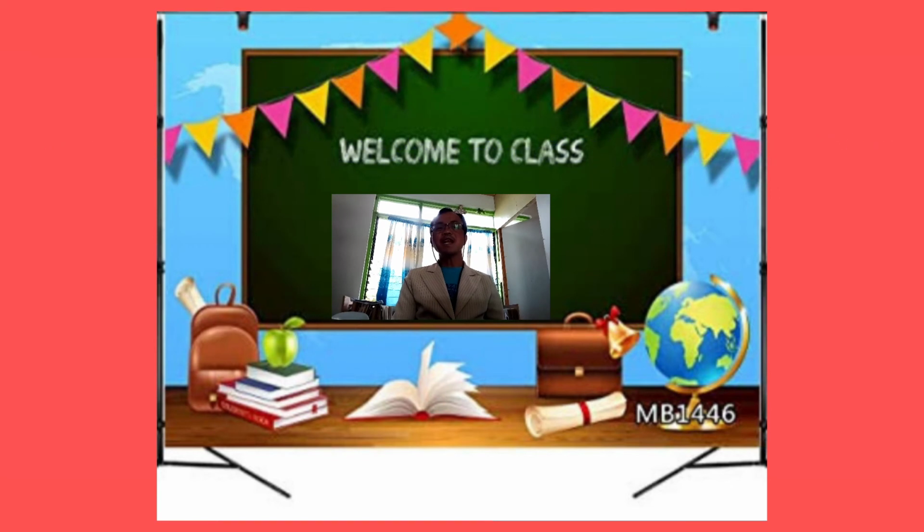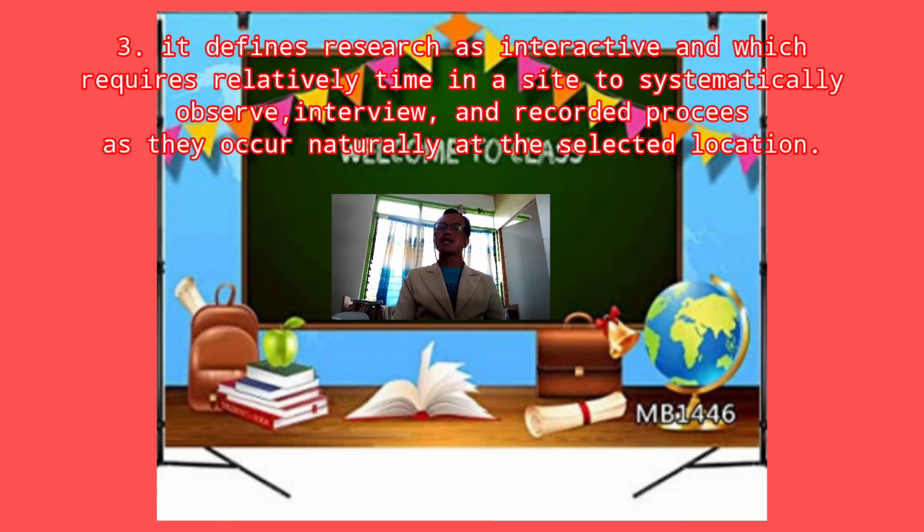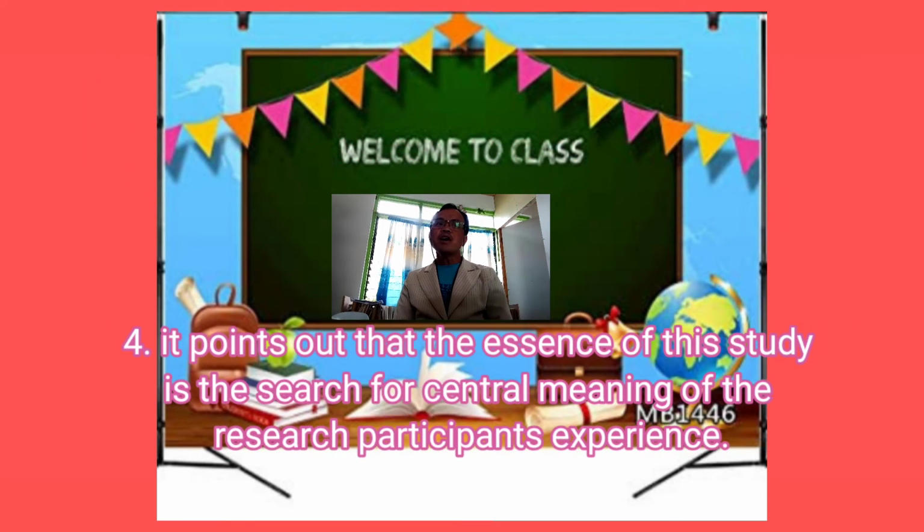Are you ready for number 3, class? Okay, let's proceed. It defines a research as interactive, which requires a relatively extensive time in a site to systematically observe, interview, and record processes as they occur naturally at the selected location. And for number 4, it points out the essence of the study, the search for the central meaning of research participants' experience.